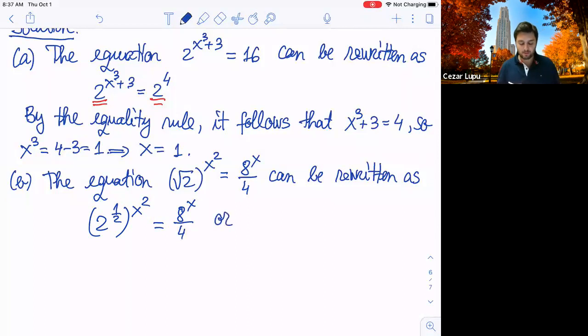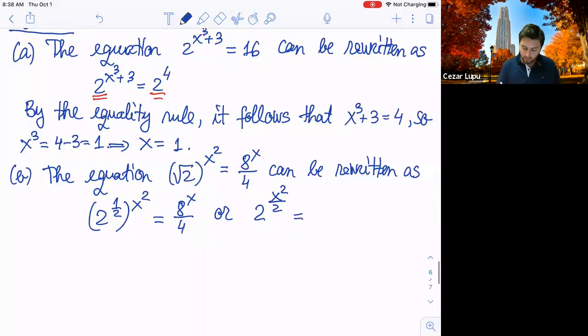Now we apply the power rule. This will be 2 to the power 1/2, everything to the power x squared, will be 2 to the power x squared over 2, because it's x squared times 1/2, which is x squared over 2, equals 8 to the power x, everything over 4.